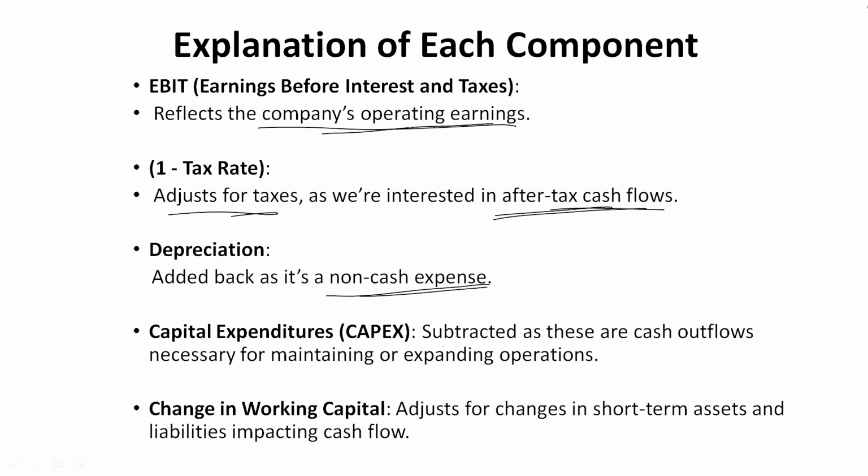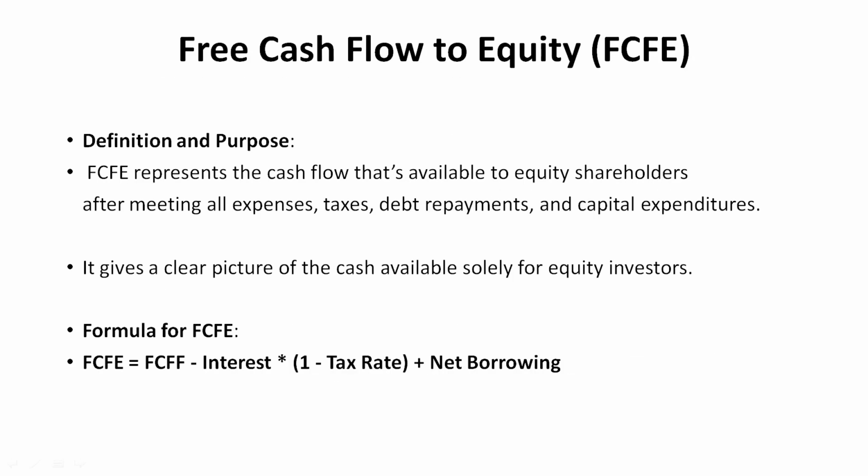Capital expenditure is subtracted as these are cash outflows for normal operations or expanding the operations. And change in working capital, short-term assets, impacts the cash flow in terms of liabilities also; short-term liabilities will also be part of its reflection.